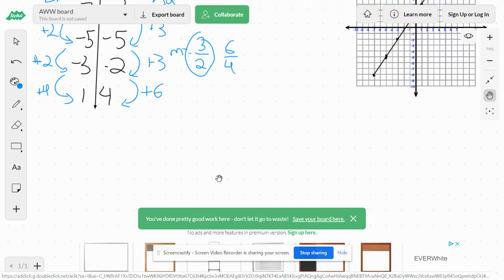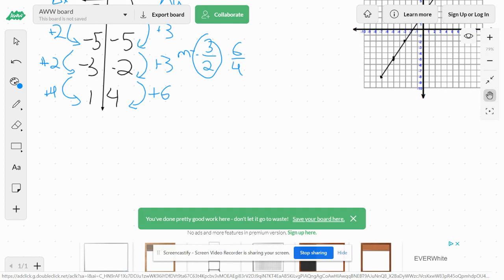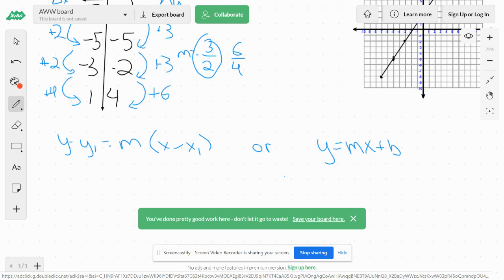So I could use y minus y1 equals m times x minus x1, or I can use y equals mx plus b. Now, in either case, I'm going to just need to choose a point from the table, a point from the table that my line is going to go through.